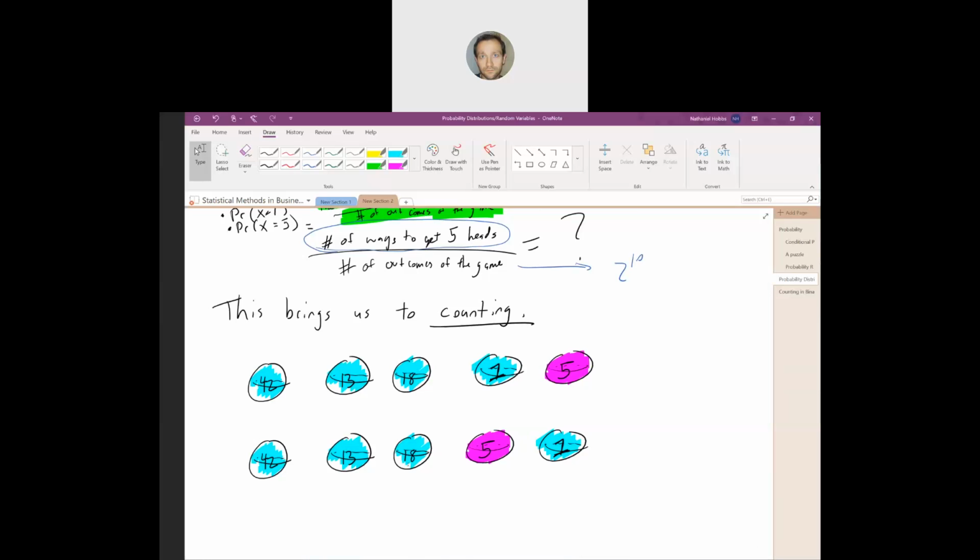How many different ways can I have 4 blue balls and 1 red ball? 5 ways. Why 5? You can have the red ball in the first spot or the second spot or the third spot, the fourth or the fifth. Great.